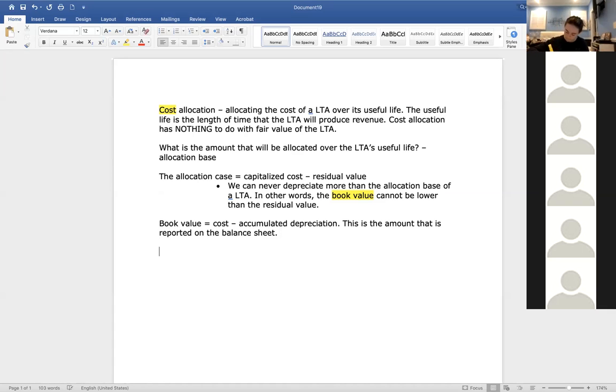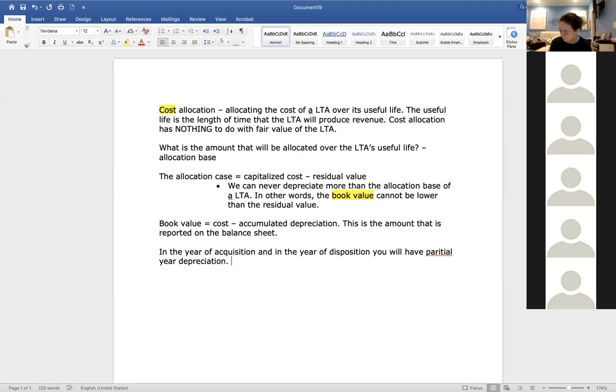The other thing that we have to remember with respect to depreciation is that in the year of acquisition and in the year of disposition, you will have partial year depreciation.